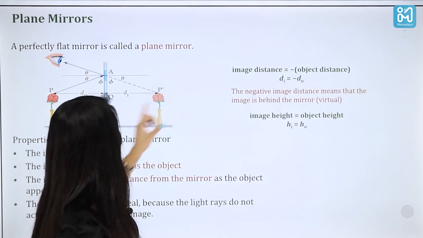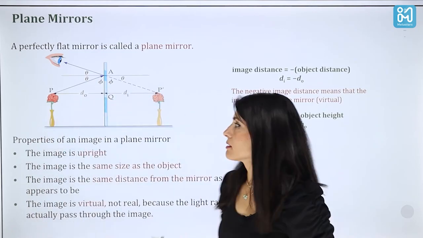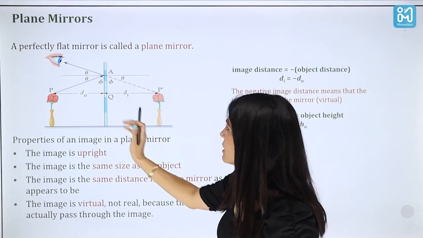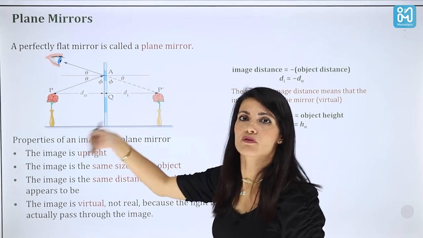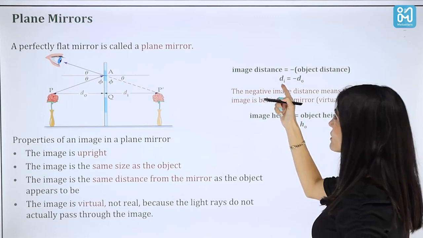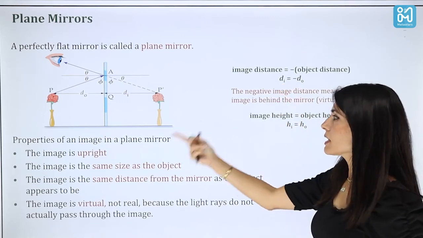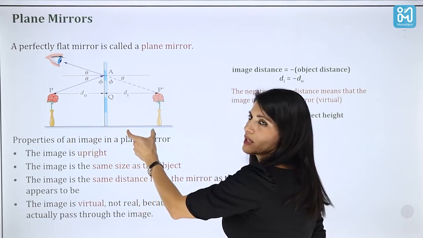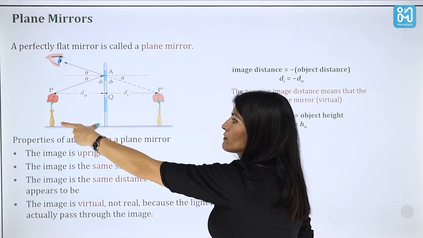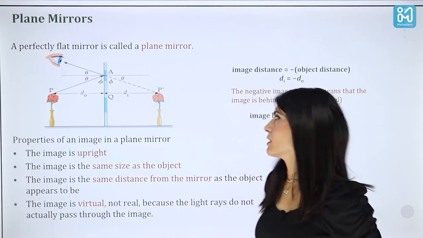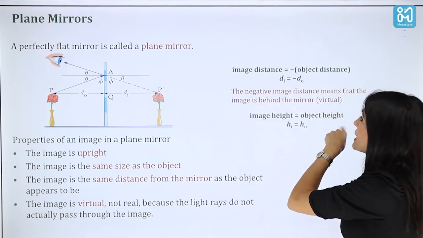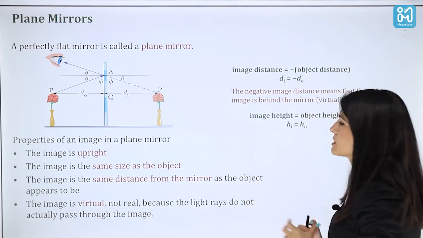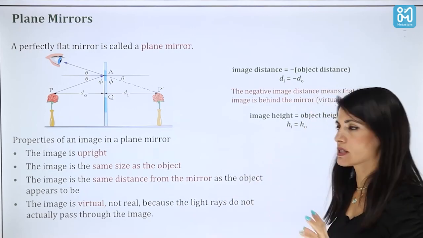However, the image distance here is equal to the object distance, but it's a negative one. So the distance of the image is equal to the negative of the distance of the object. If this is 2 centimeters, this is going to be negative 2 centimeters. If this is 5 centimeters, this is negative 5 centimeters. The negative means that the image is behind or inside the mirror. It is virtual, which means it's not real.